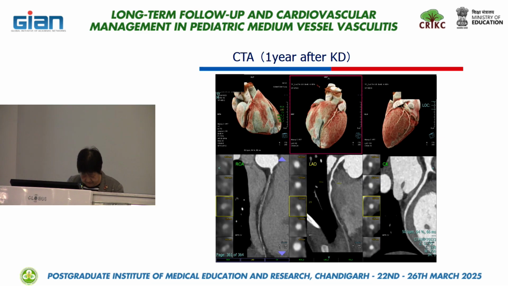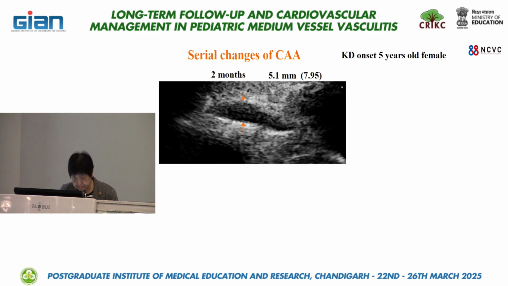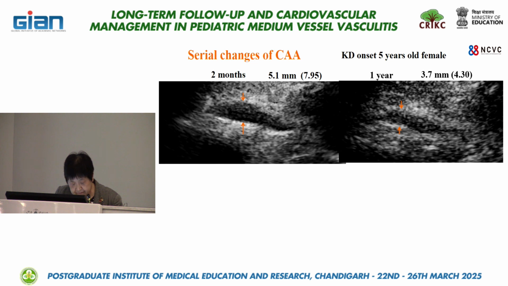CTA imaging after 1 year is shown. Serial change of a coronary aneurysm is shown in this slide. The maximum diameter of the coronary aneurysm at 2 months is 5.1 millimeter. At 1 year, it is 3.7 millimeter.